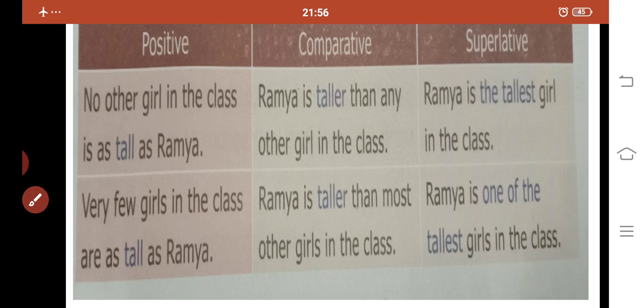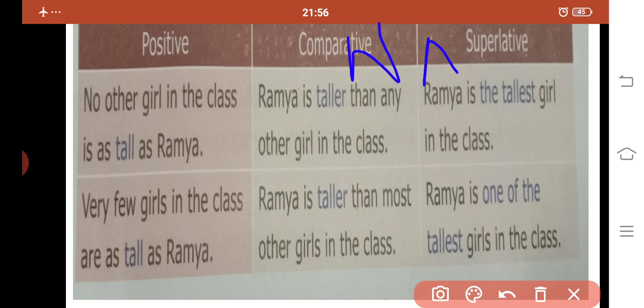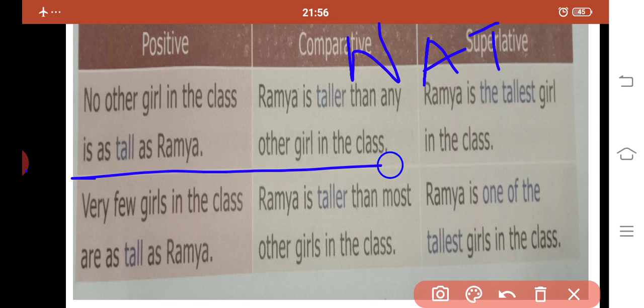In reverse we can say TAN. Positive, comparative, superlative. Now we are going to the type 2. This is a type 2 sentence.